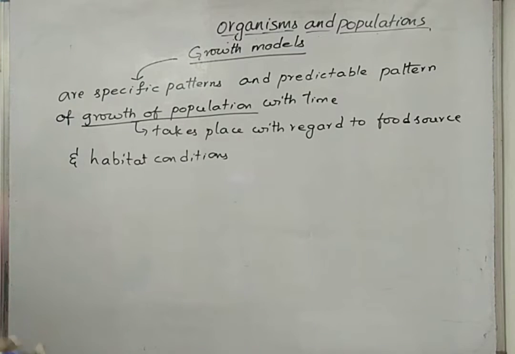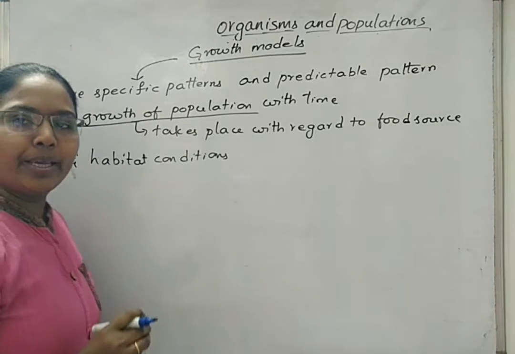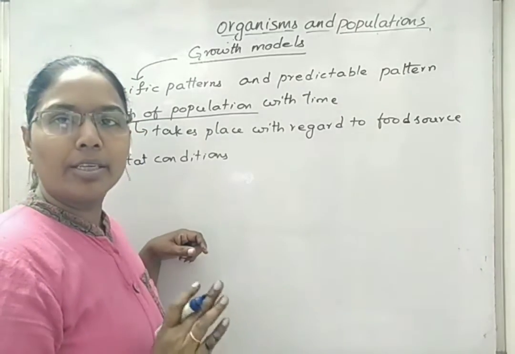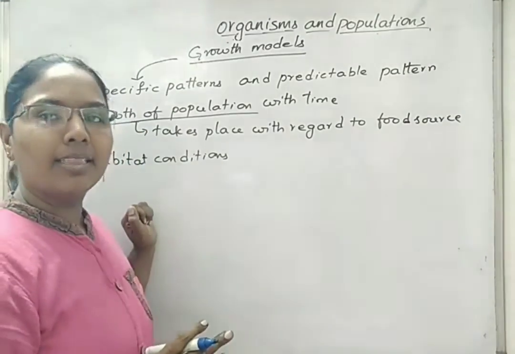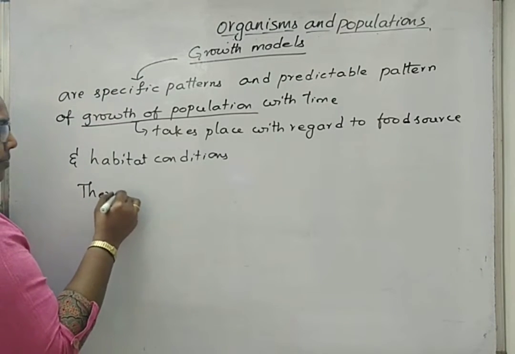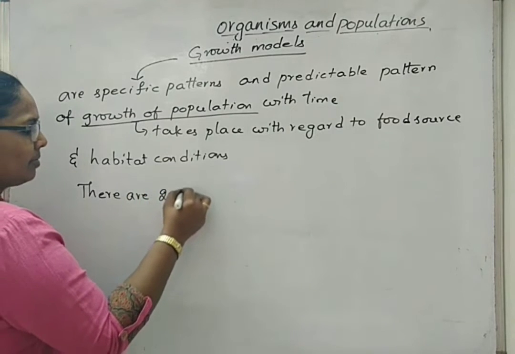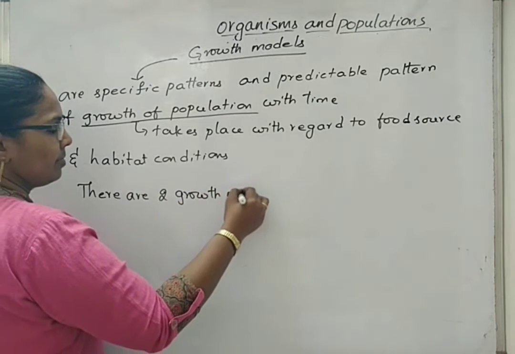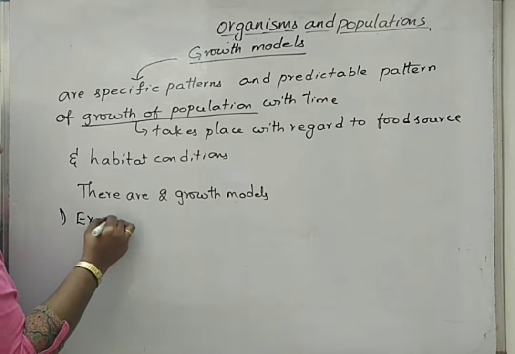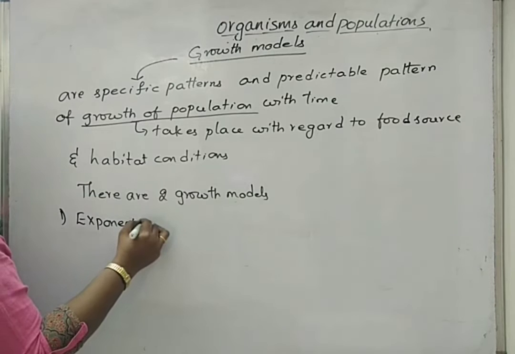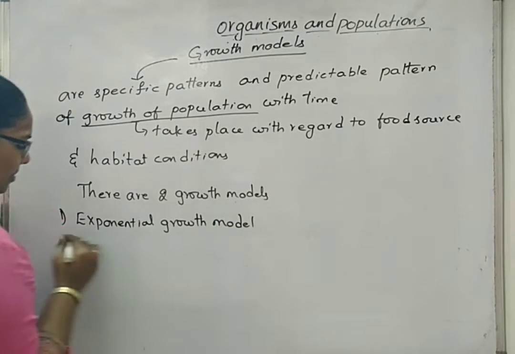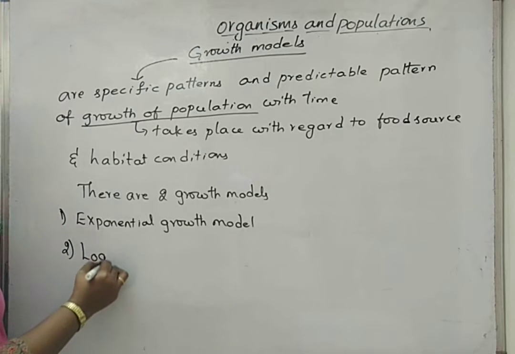That means both biotic and abiotic factors should be suitable for the individuals to exist in the population. There are two types of growth models. One is the exponential growth model. Second one, the logistic growth model.